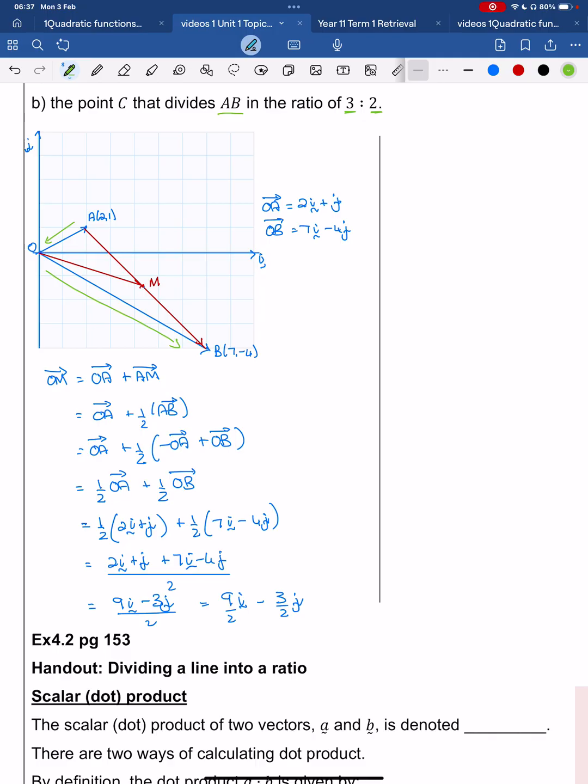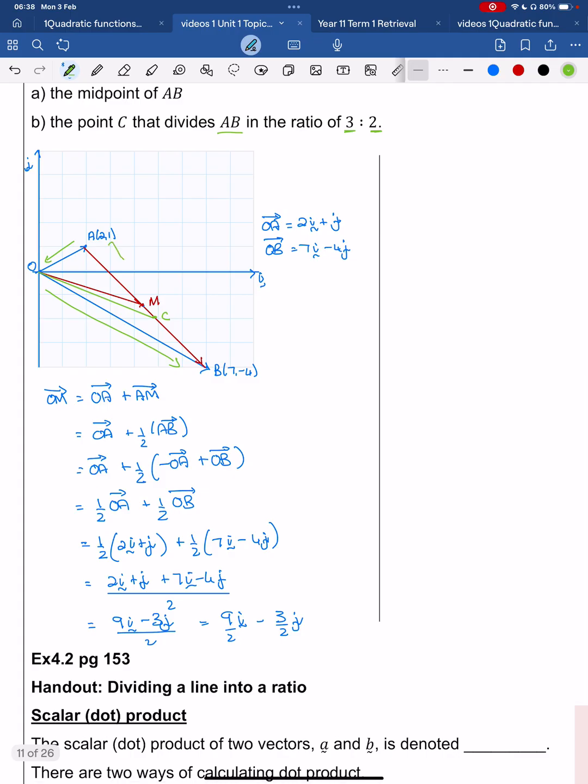So from A to C to B. So my A to C is going to be the bigger number, the 3, or the first number. And my smaller number will be the 2. So point C, I've got a ratio of 3 to 2, where that one is the 3 and that one is the 2.